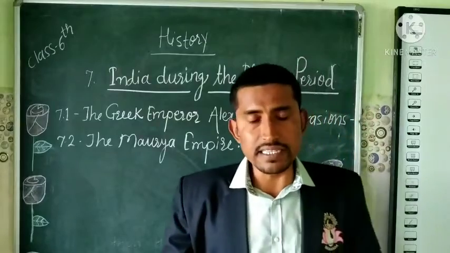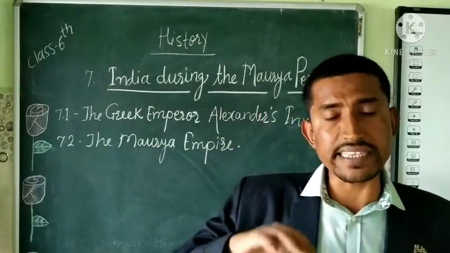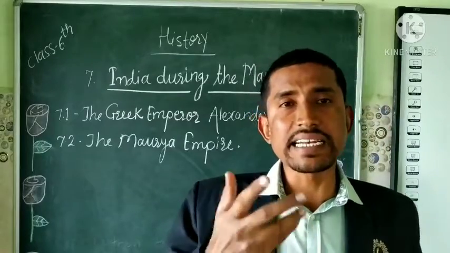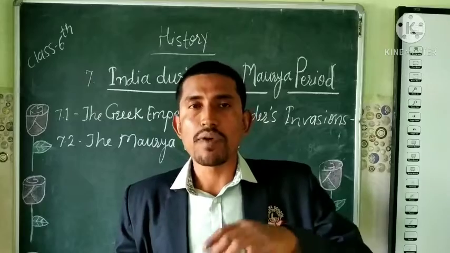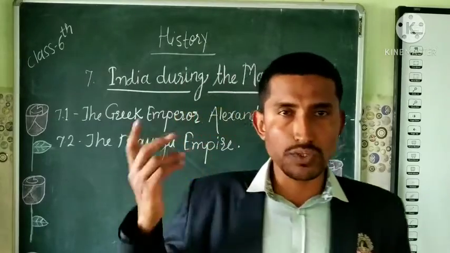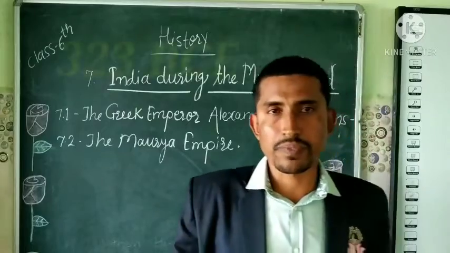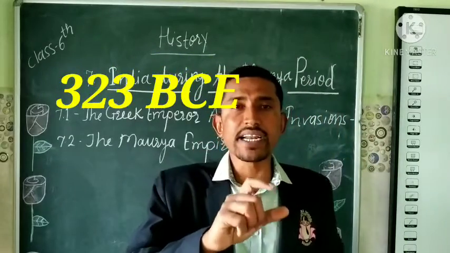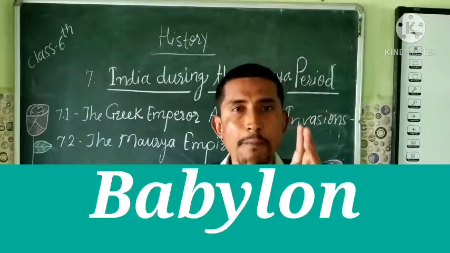In the return journey, in 323 BCE, Alexander passed away at Babylon. Means when Alexander was going back to Greece, in his return journey, he passed away. The period was 323 BCE. So he died at Babylon.